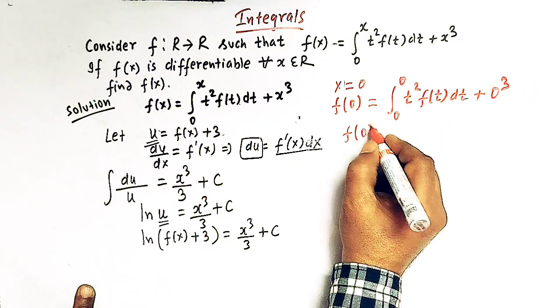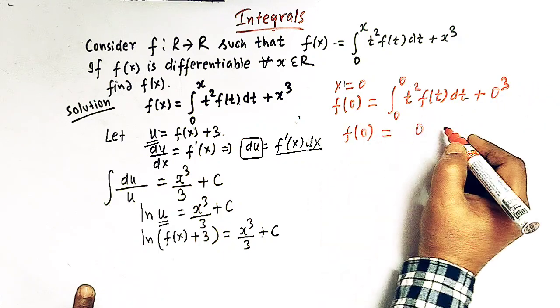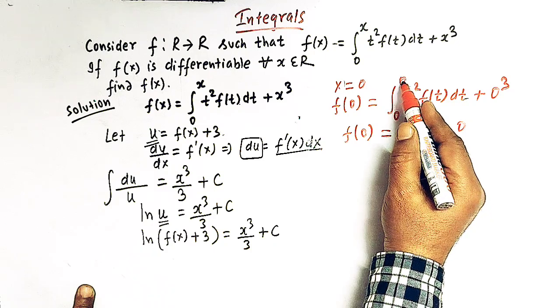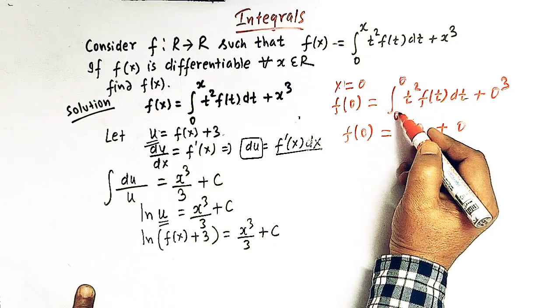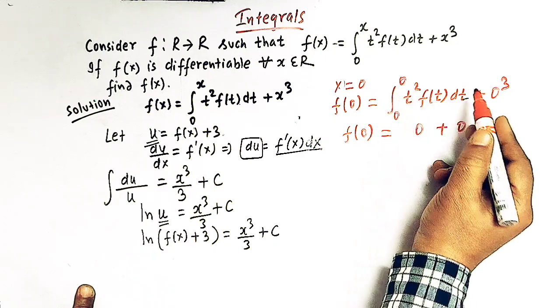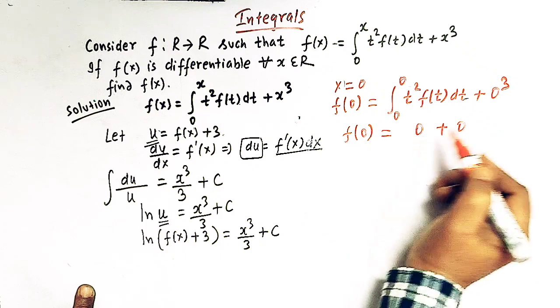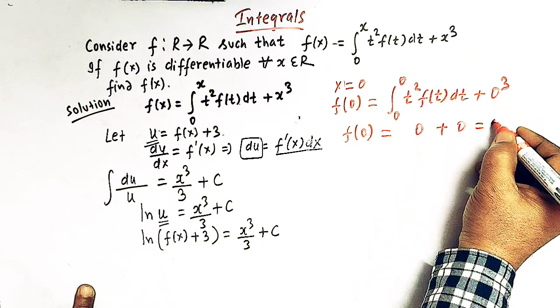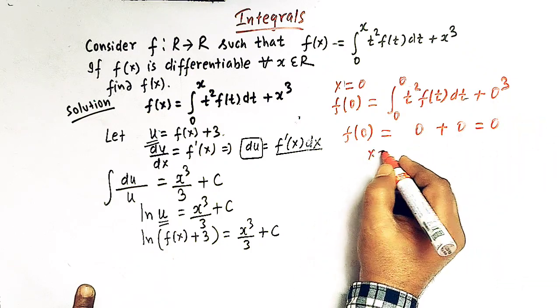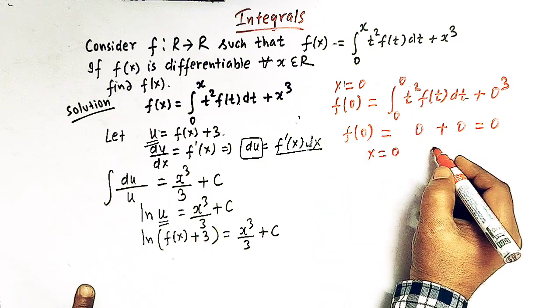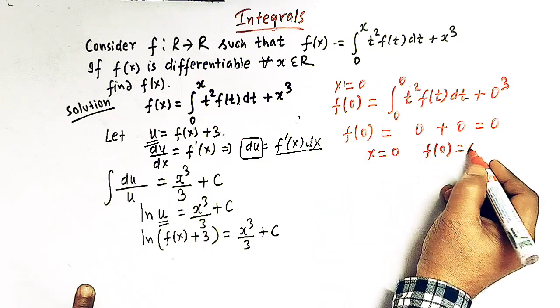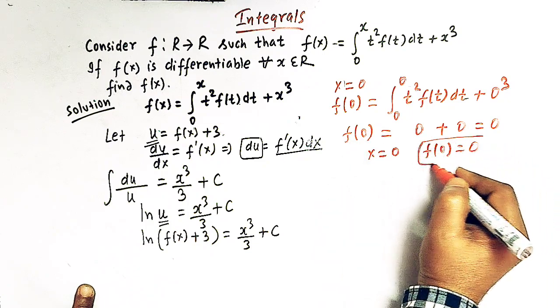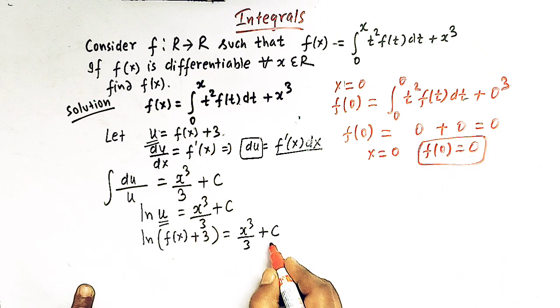Now f of 0 is equal to 0 plus 0, because both the limits of integration are 0, so the value of this integral is 0. So when x is equal to 0, that is, f of 0 is equal to 0. So let us apply this condition to get the value of c.